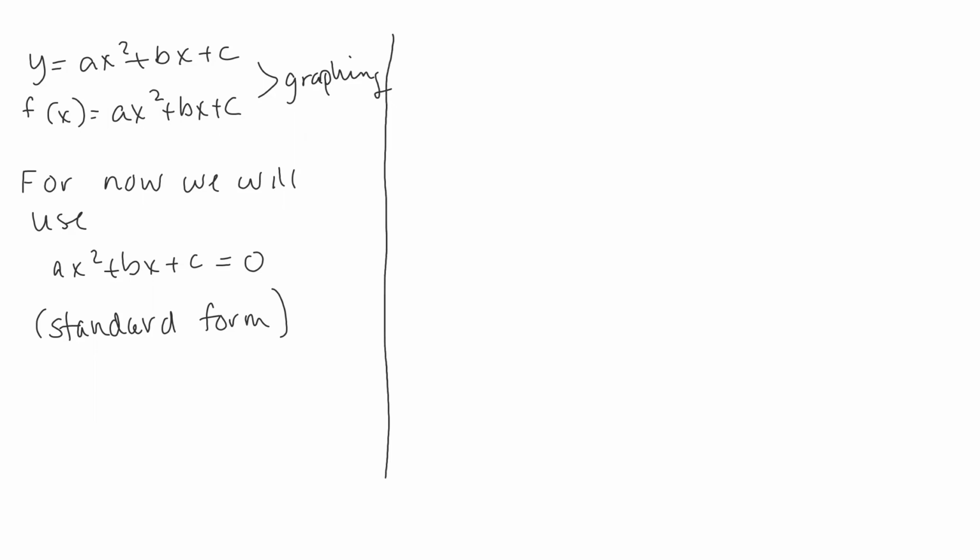Now, this leads me to something called the zero product property. Now, in math, when you deal with properties, properties are just statements or facts that we know to be true. Okay, so for example, x times 0 is always going to be 0. That's a property that's actually going to come into play here.